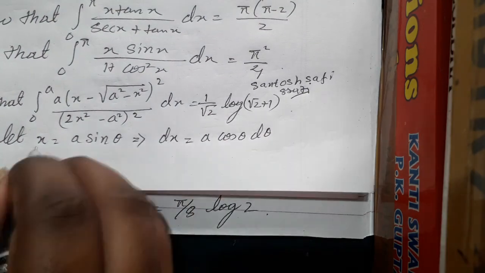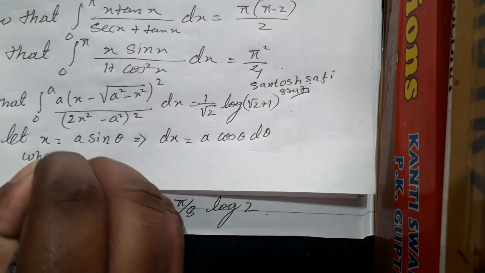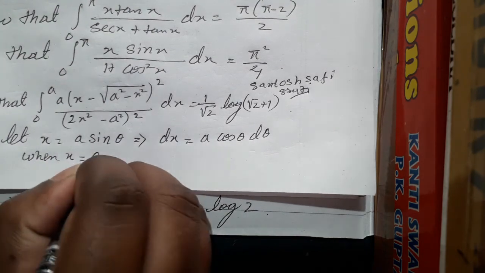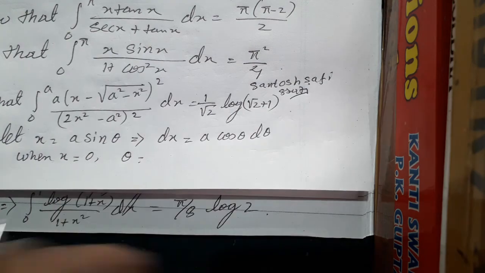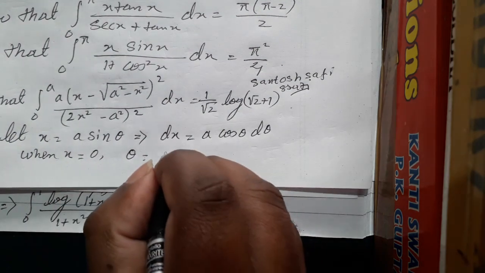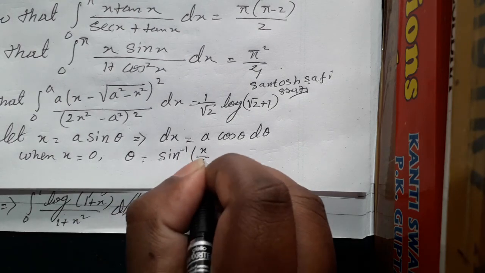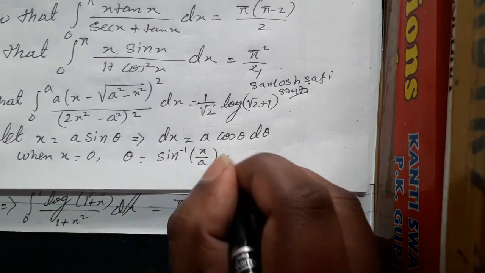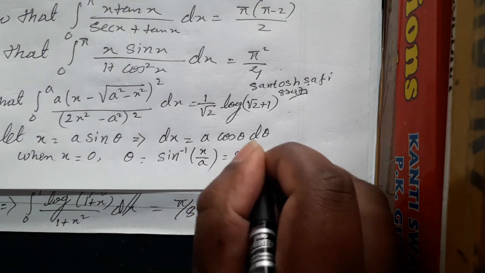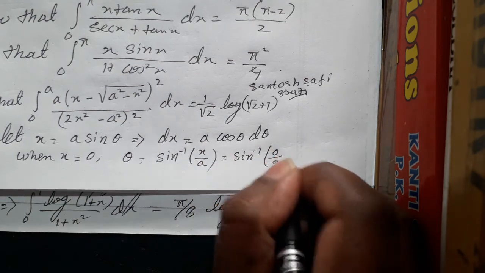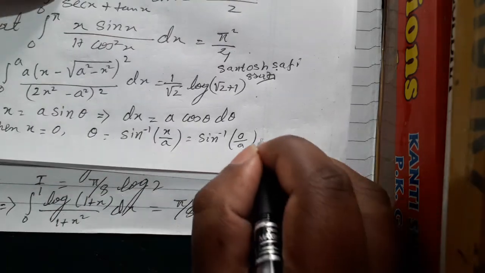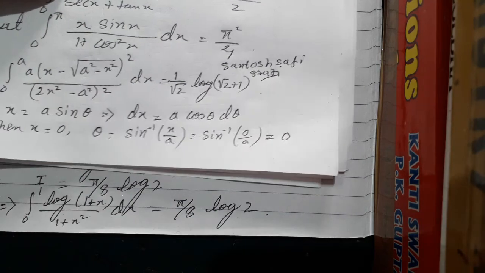Now let us find the limits. Theta is sine inverse of x by a. When x is 0, we get sine inverse 0 by a, which is 0.